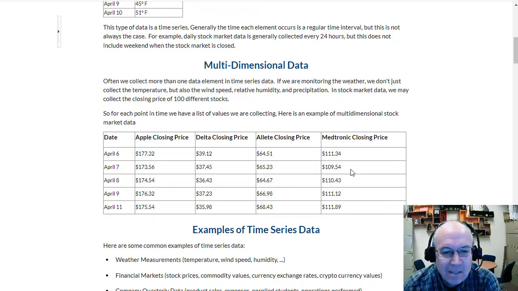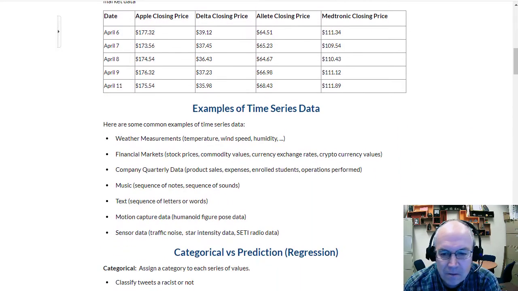So what kinds of data fall into this? There's a lot of data. Certainly, weather measurements, anything we're recording, temperature, humidity, that sort of stuff at a certain time.